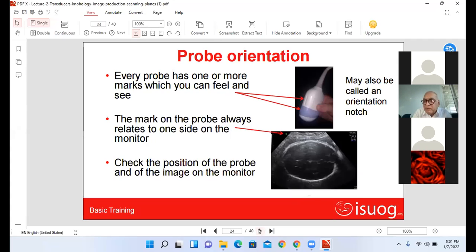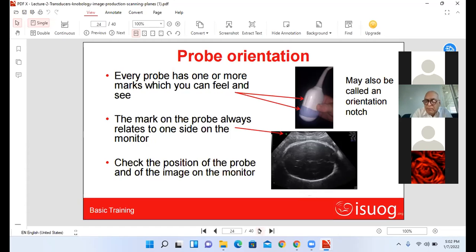For example, if I am to put the probe sagittally, then the notch should be towards the patient's head. Every probe has one or more marks which you can feel and see. The mark on the probe always relates to one side of the monitor. Check the position of the probe and of the image on the monitor. The dot on the probe and the dot on the screen should match. They should be on the same side.